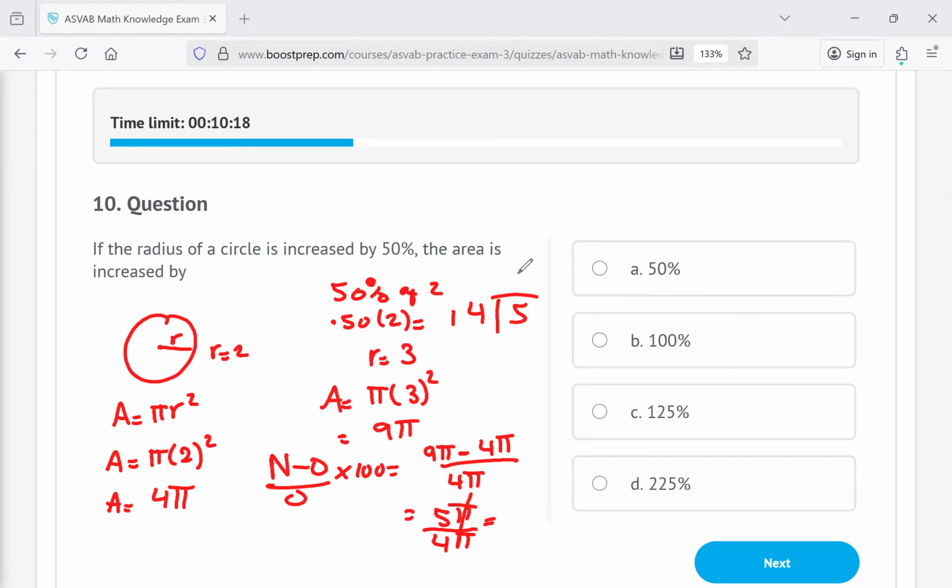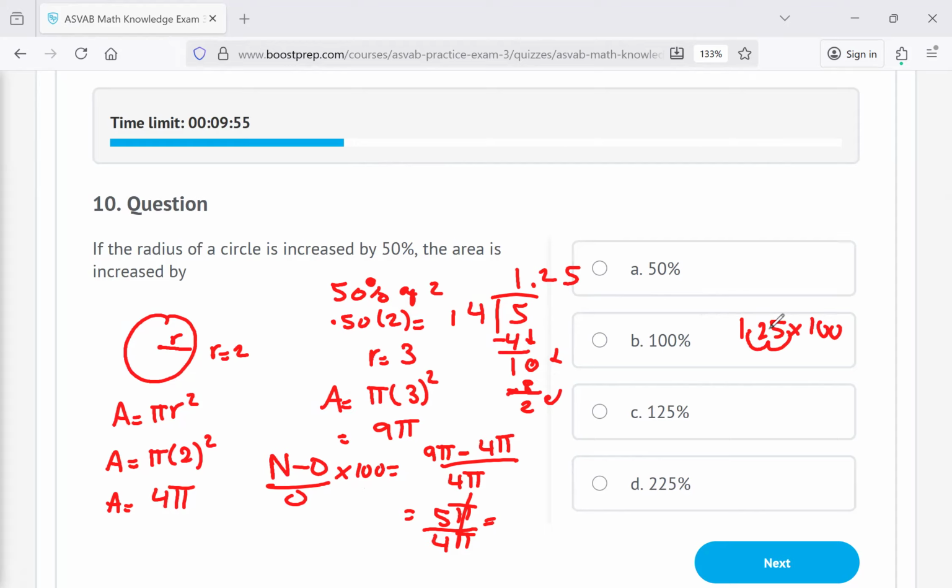What is 5 divided by 4? It is 1.25. But that is not our answer yet, because we have to multiply it by 100. So what's 1.25 times 100?